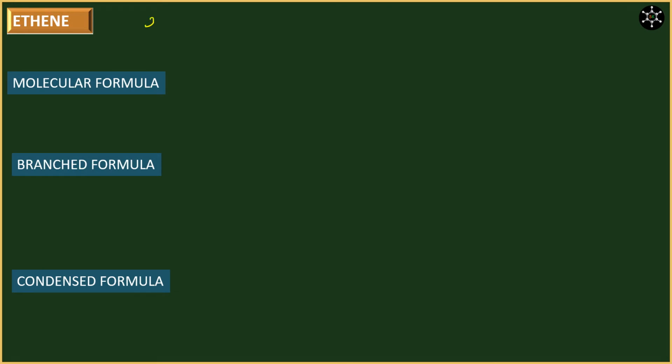Ethene consists of 2 carbon atoms and 4 hydrogen atoms. Its molecular formula is C2H4. Branched formula indicates the connection between carbon and hydrogens. In ethene, there exists a double bond between carbon atoms. We know that carbon valency is 4, so both carbons should be having 2 more bonds on it.